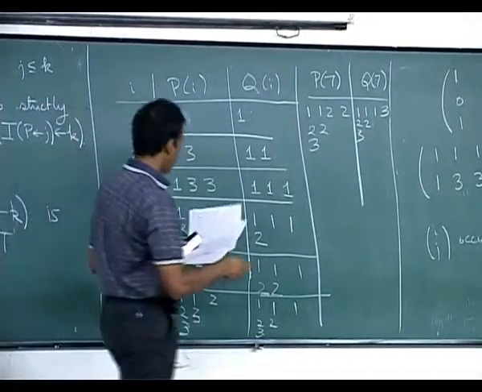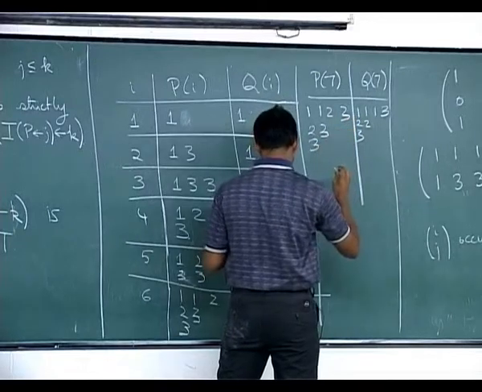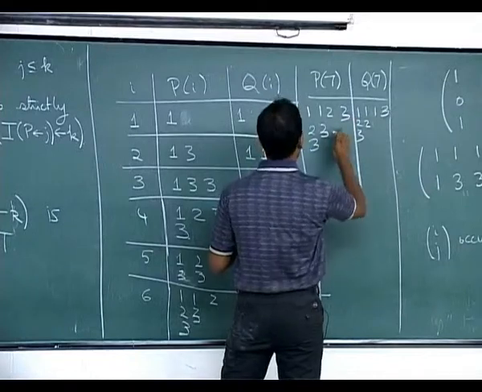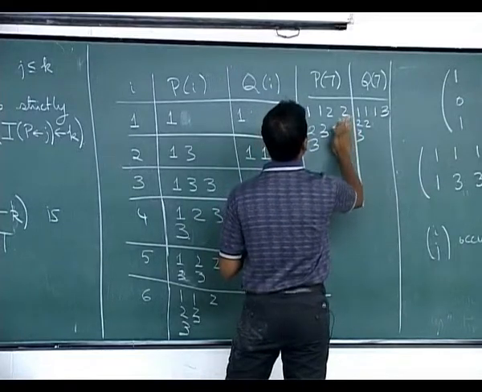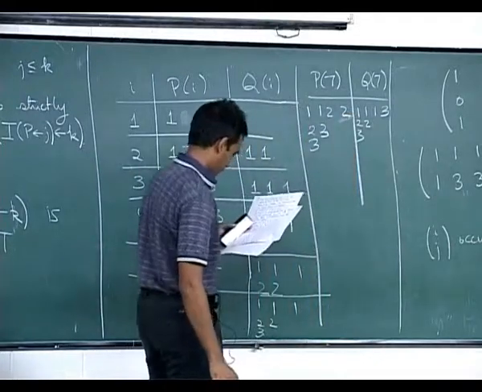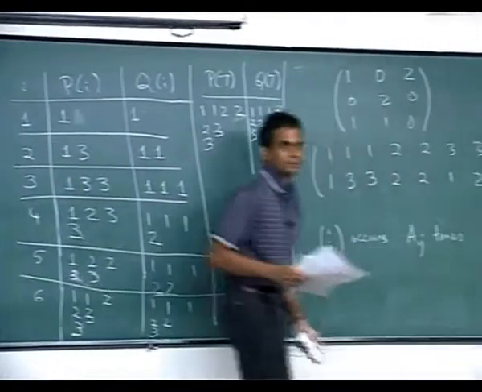I have 1, 1, 2, 3, 2, 3, 3. This 2? Oh, because I am inserting this last 2 here. Good.